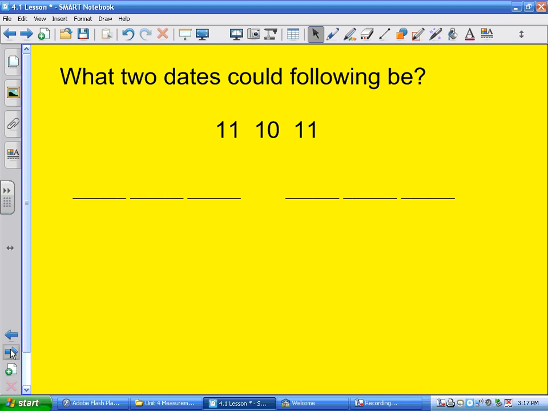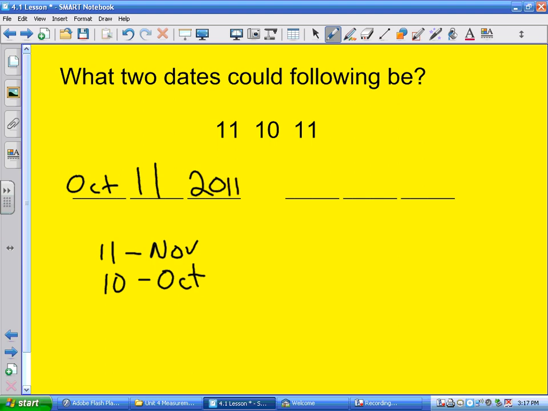The 11th month is November. The 10th month is October. Does that help you? Yeah. Okay, so it could be the 11th of October, 2011. You're saying October 11th, and you went day.